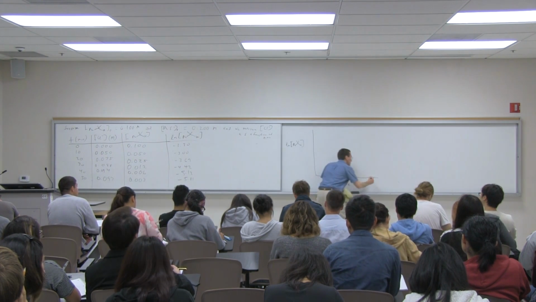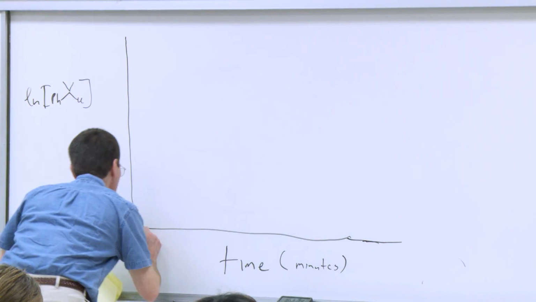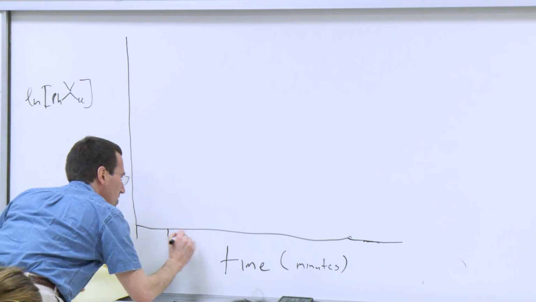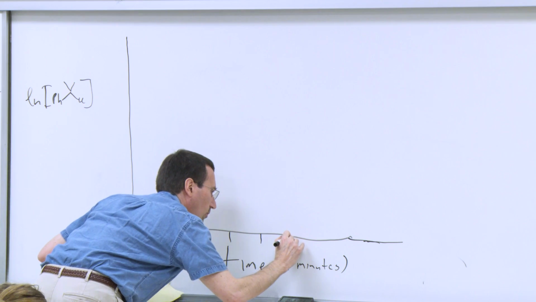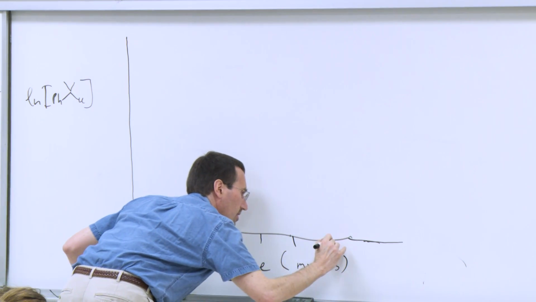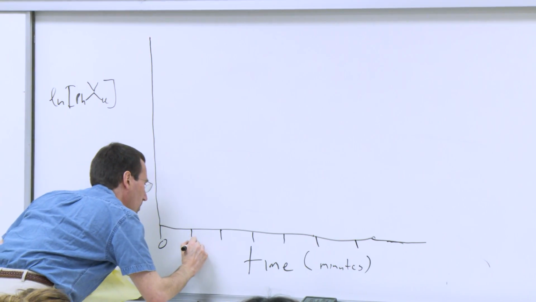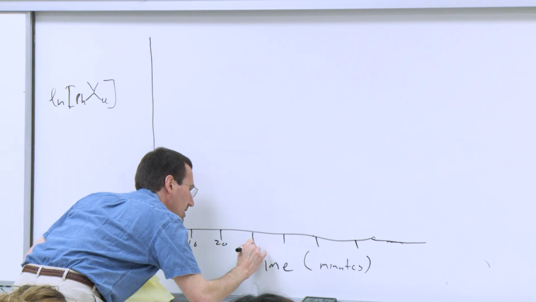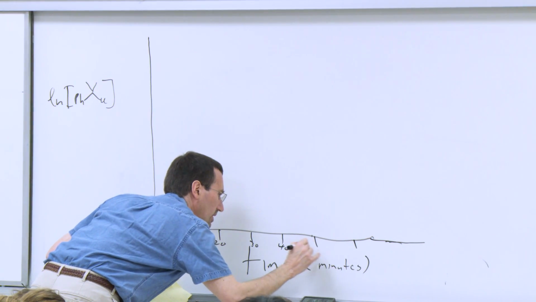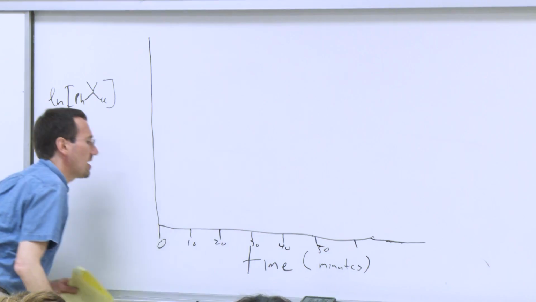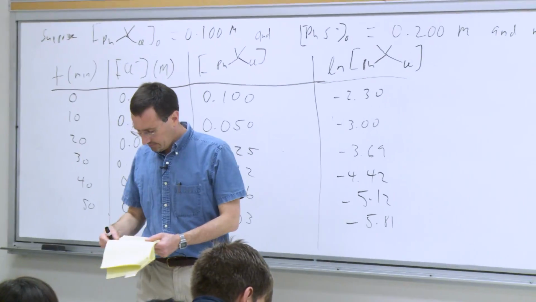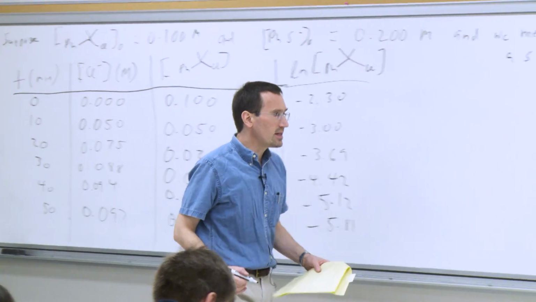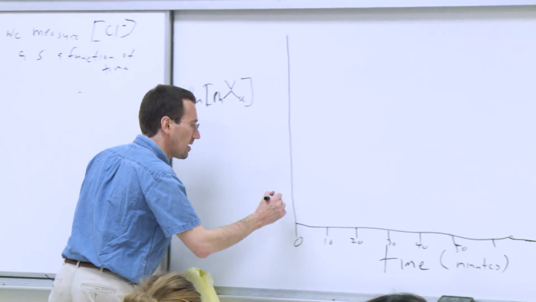And I'll put in some tick marks in my graph. Try to space them uniformly to reflect a uniform measurement here: 0, 10, 20, 30, 40, 50. And I'll put in some tick marks here.